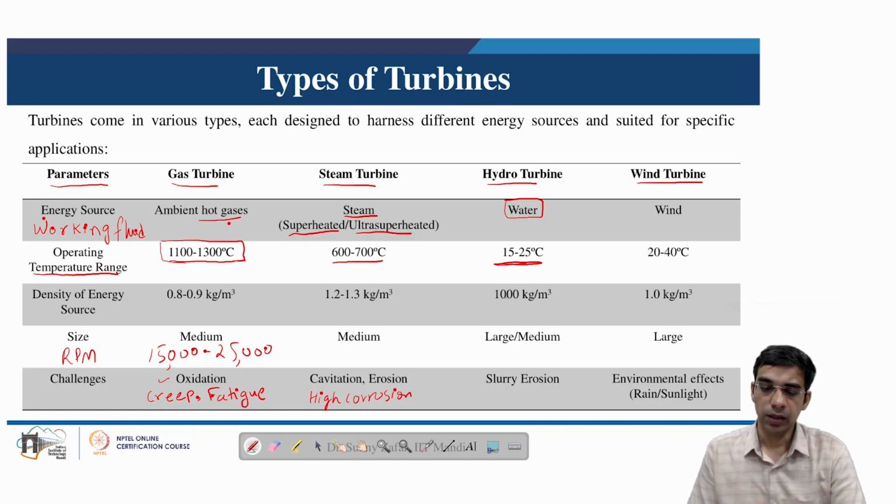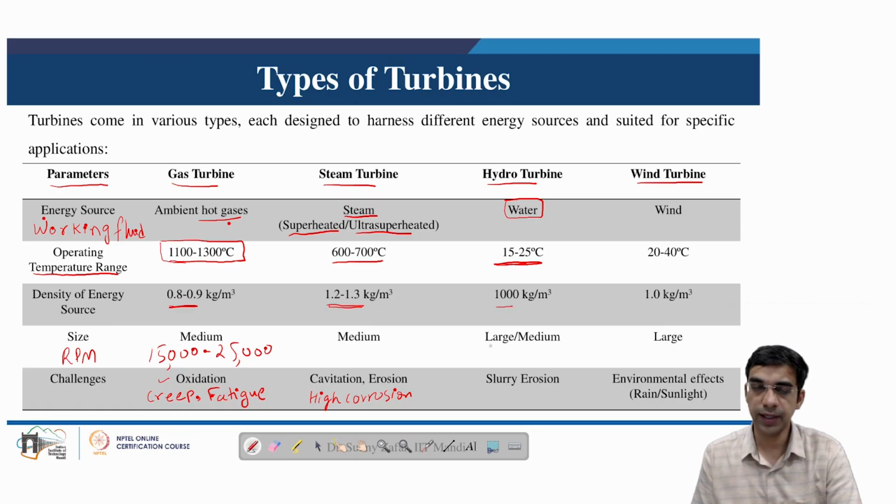Here you will see that the density of the working fluid is significantly higher than in the gas turbine and the steam turbine. The theoretical density of water is approximately 1000 kilogram per meter cube. To handle a working fluid which is so dense, the turbines are extremely large, and these are installed in hydropower plants.